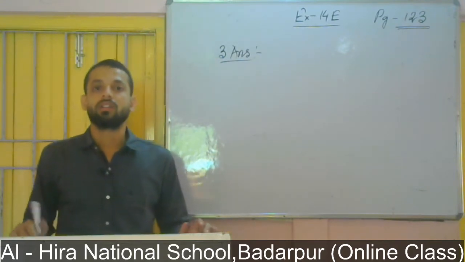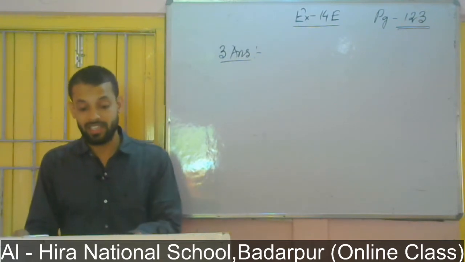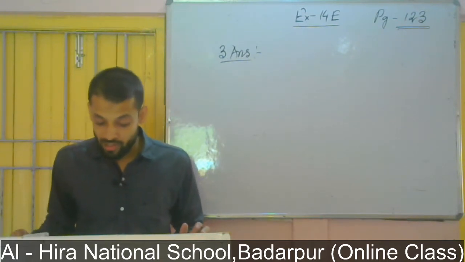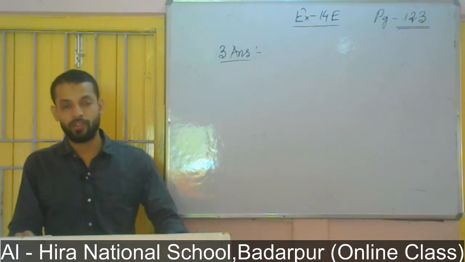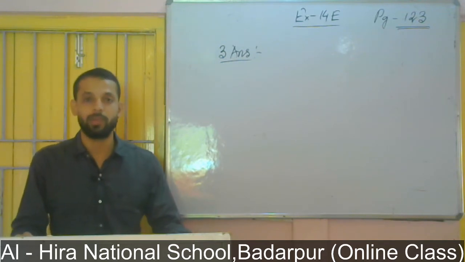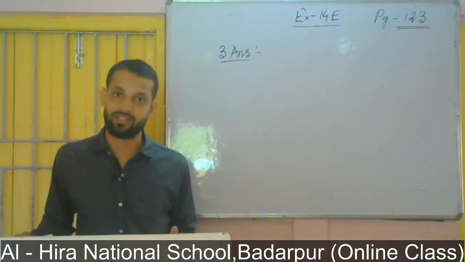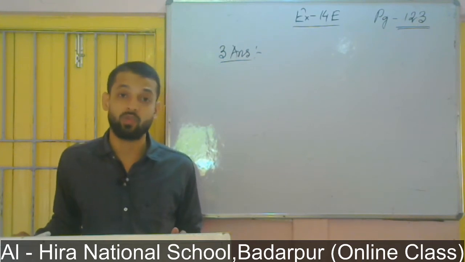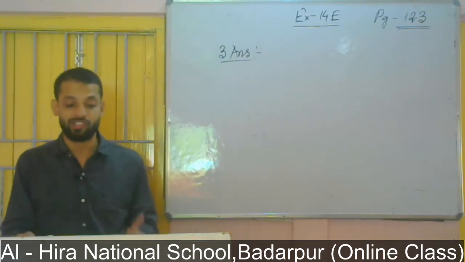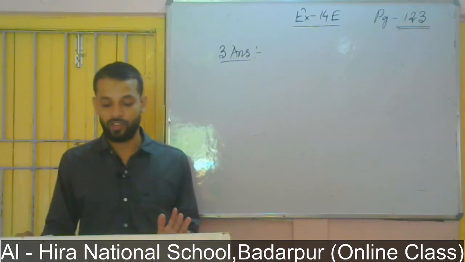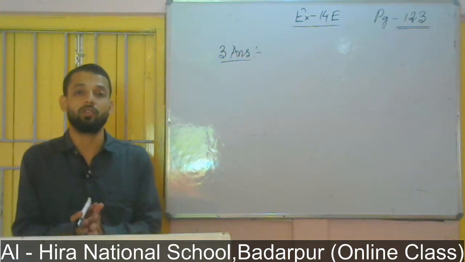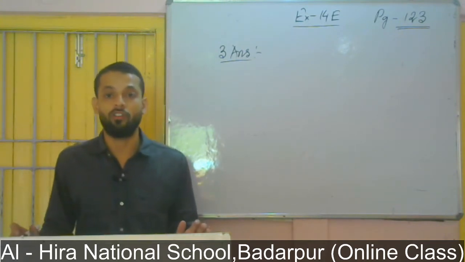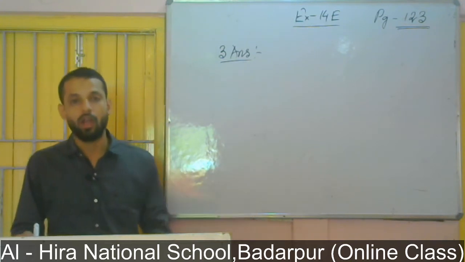Jatin bought 6 pastries for rupees 15 each. That is, how many pastries has he bought? 6. And the price of each means the price of 1 pastry equals rupees 15. So we have to find out the total amount of money he paid to the shopkeeper.